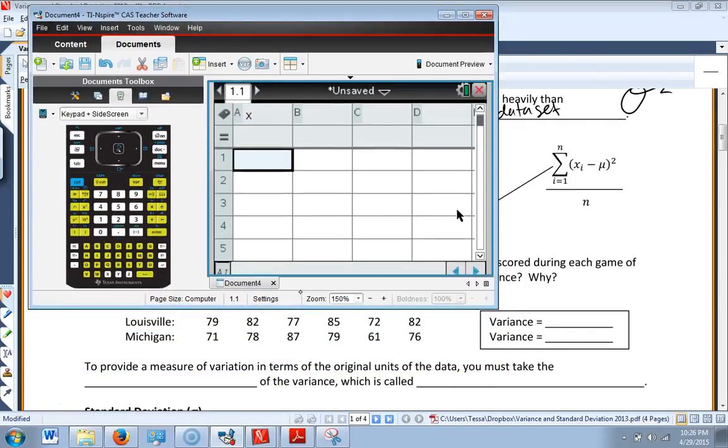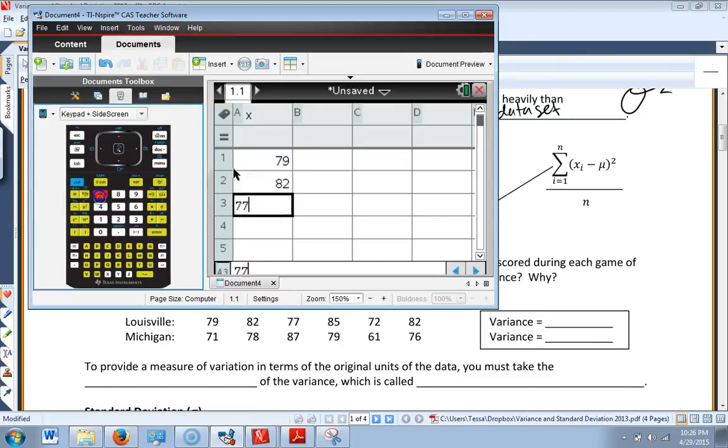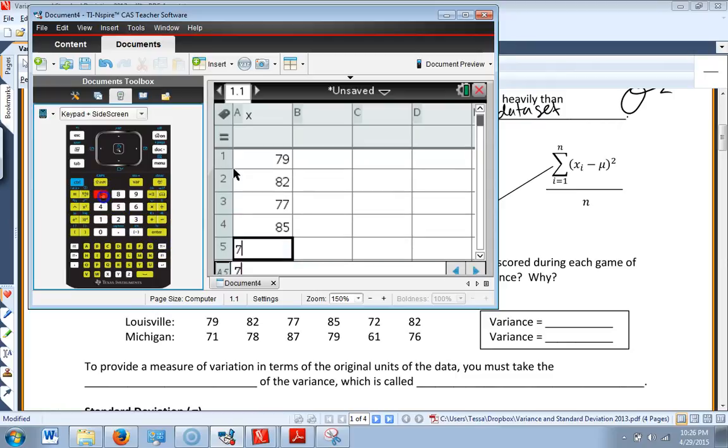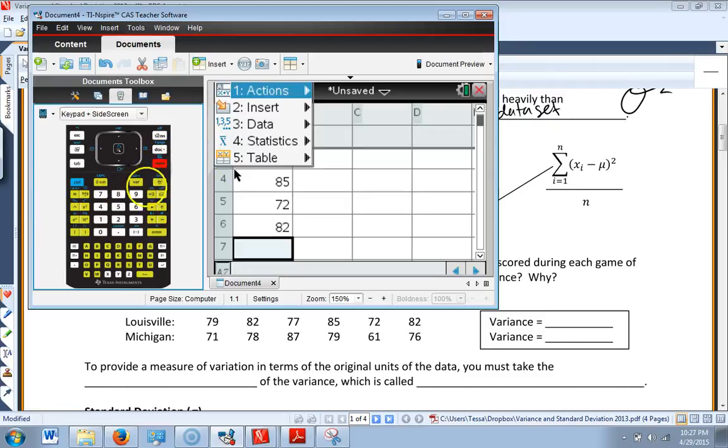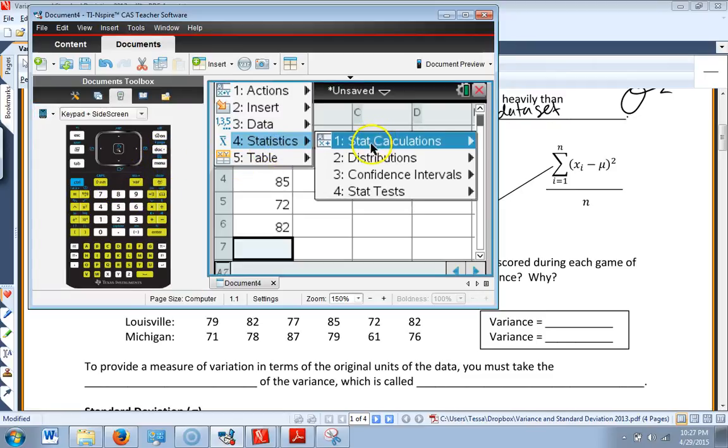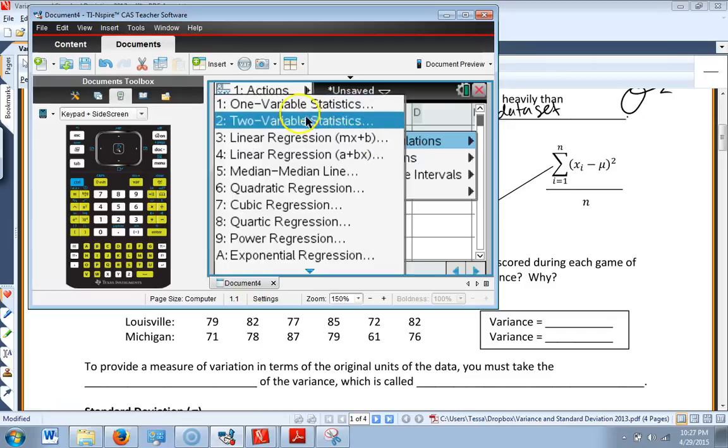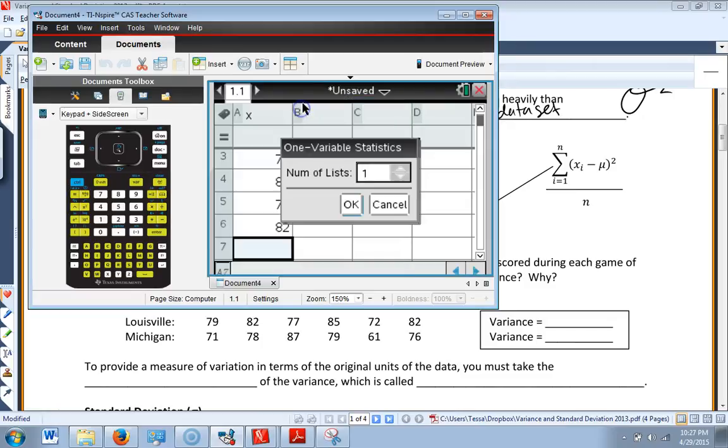So we have 79, 82, 77, 85, 72, and 82. Now we want to find our statistics here. So we do menu, statistics, stat calculations, and one variable statistics.